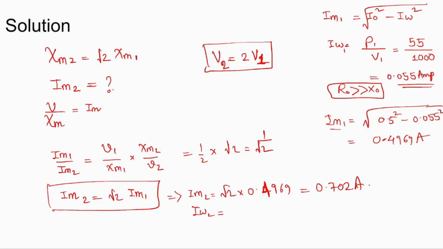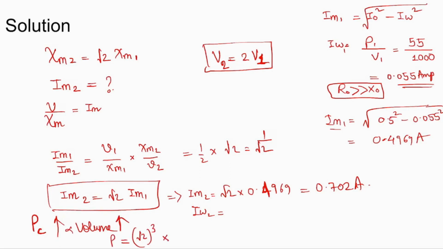Now Im2 is nearly equal to I naught only, but still we need to find I omega 2. How can we determine I omega 2? It can be determined from the fact I told you that core loss increases as volume increases. Now volume is scaled by root 2 whole cube, so it is proportional.